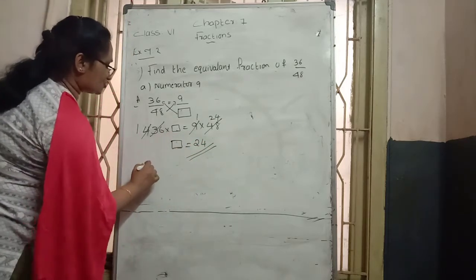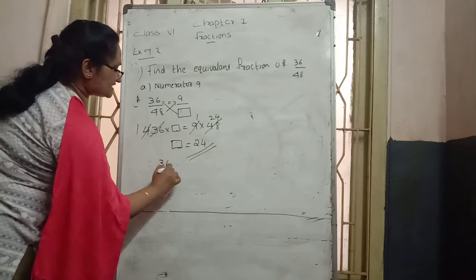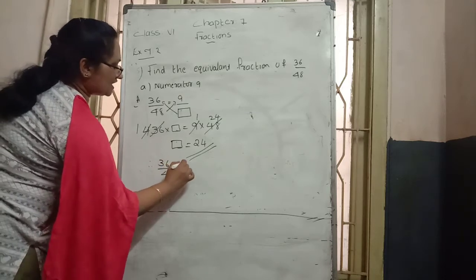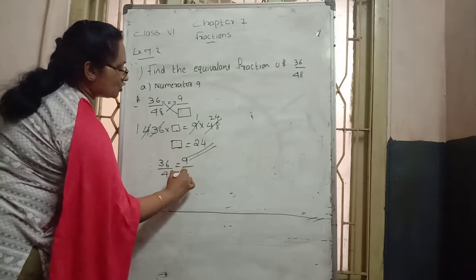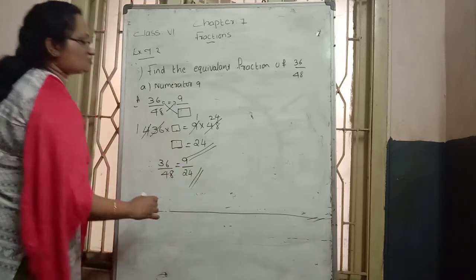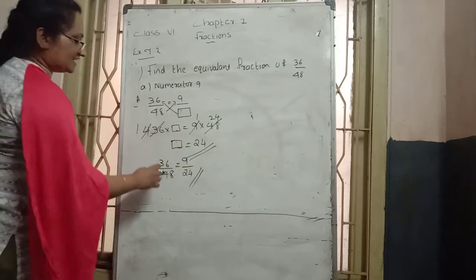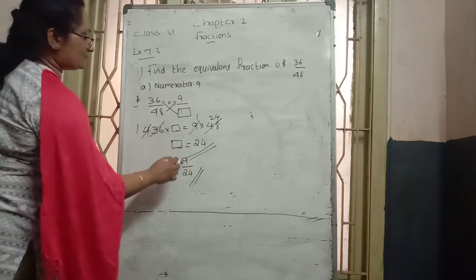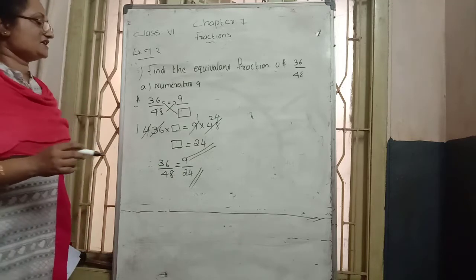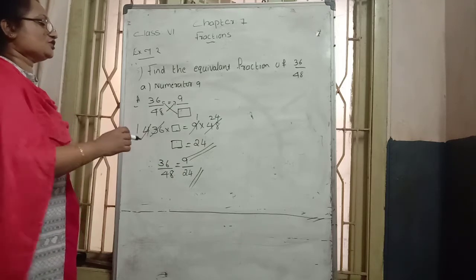So we can write that the equivalent fraction of 36 by 48 is 9 by box, and in the box place we can insert 12. That means 36 by 48 is equivalent to 9 by 12, that is the meaning of this question.